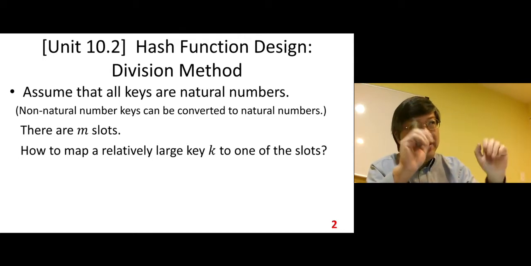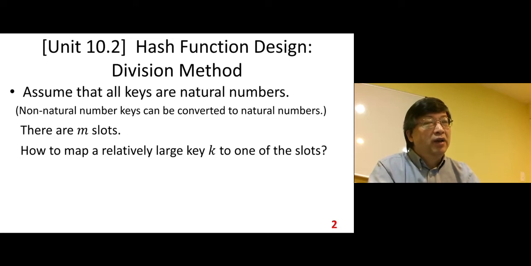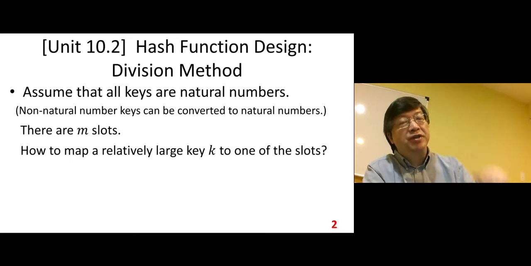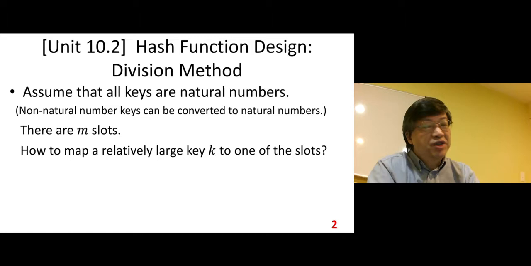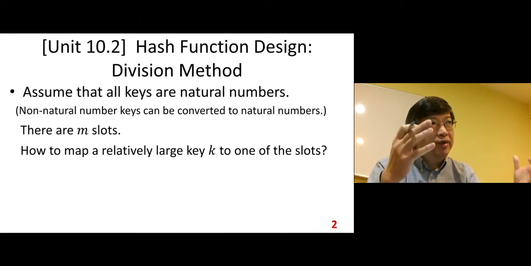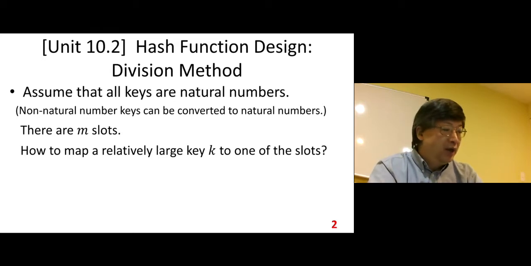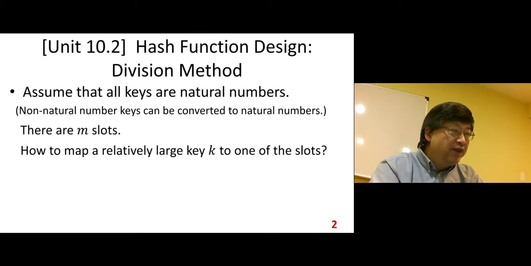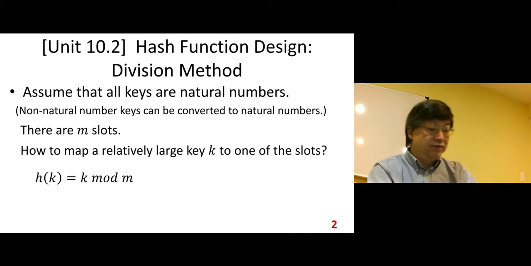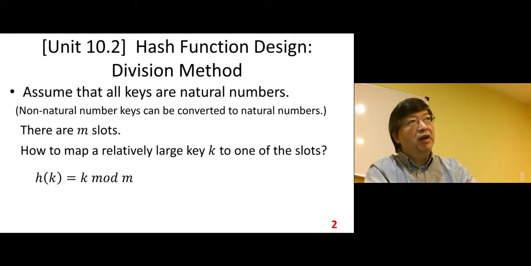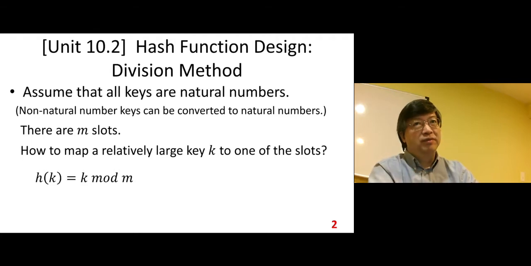Remember the 3 criteria. The first one, the calculation must be fast. We don't want to waste time in calculation, so the calculation should be extremely fast. So the first method, a very simple method, is h of k, the hash function value.